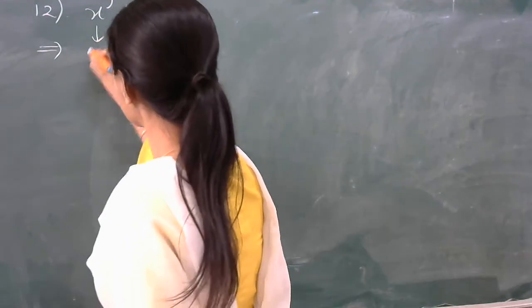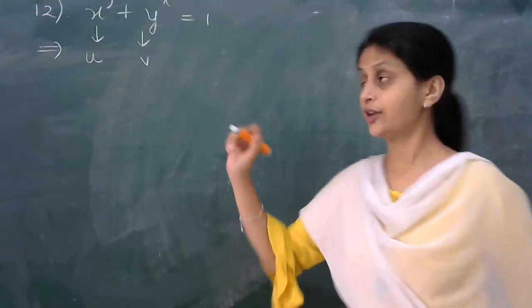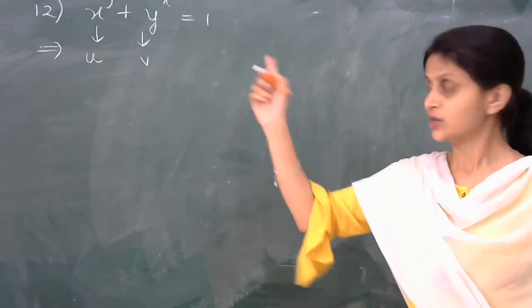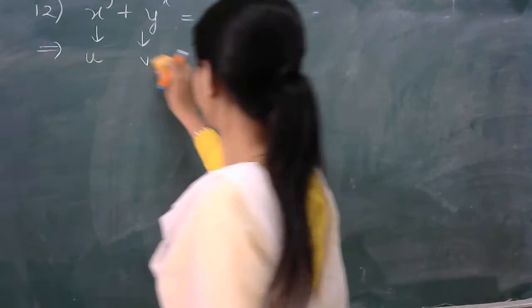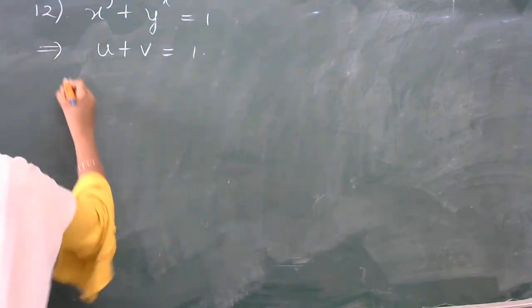So here again same procedure students. Consider x to the power y as u and y to the power x as v, and you can observe here we have constant 1, right? Then you will get u plus v is equal to 1.